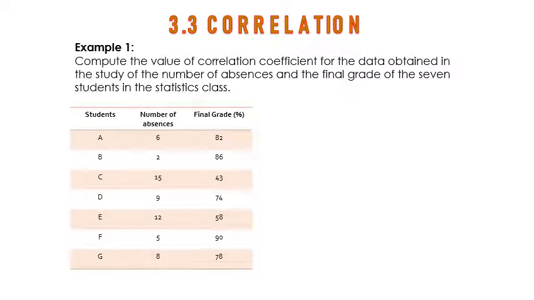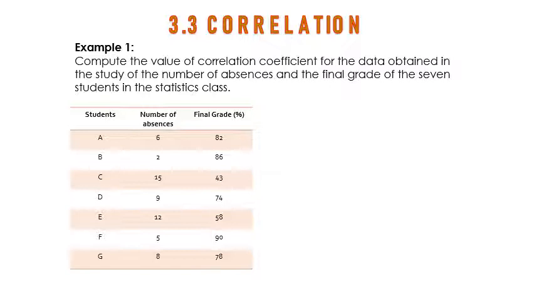We go to example 1. Compute the value of the correlation coefficient for the data obtained in the study of the number of absences and the final grade of the 7 students in the statistics class.